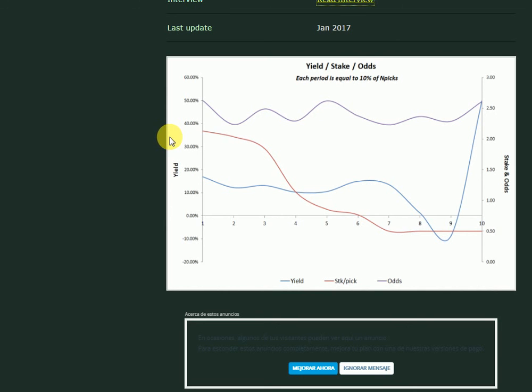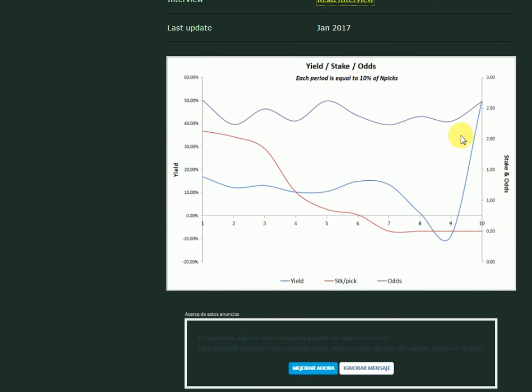But when we look at the stake curve, we see a common practice among tipsters, that basically they start picking strongly, I'd say.